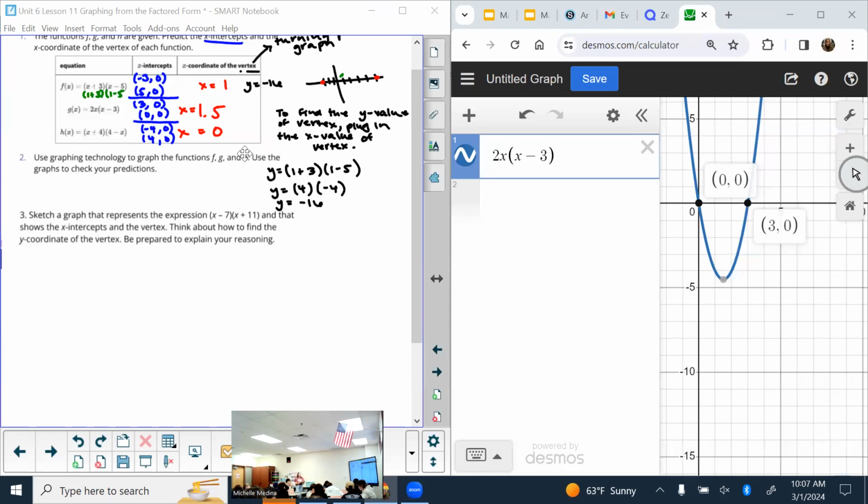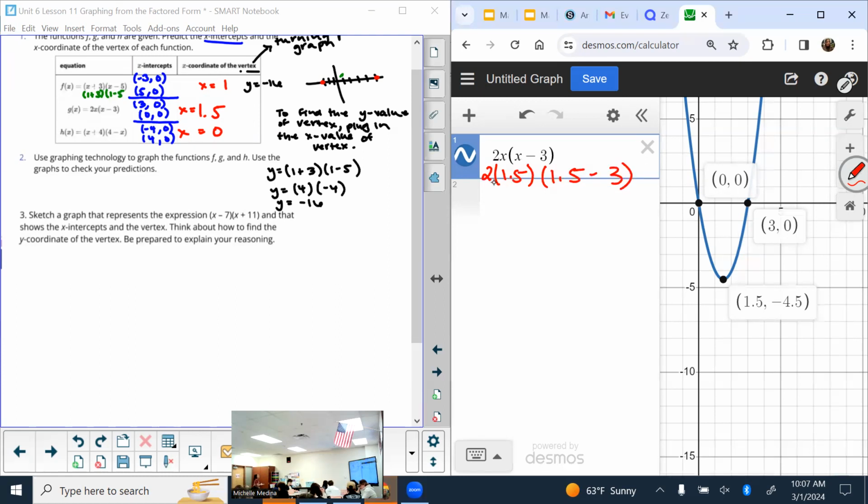Table 4 is on. So g of x is shown here. You had the x-intercepts. We estimated the x value of our vertex to be 1.5, because it should be in the middle of your x-intercepts. To find the y value of your vertex, you plug in that 1.5 for the x.